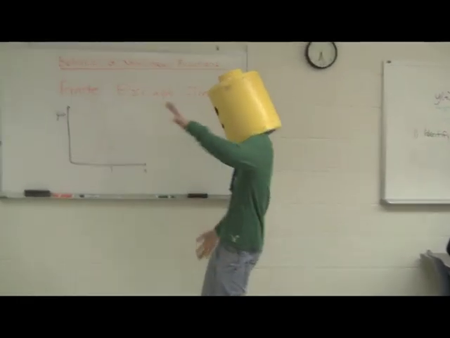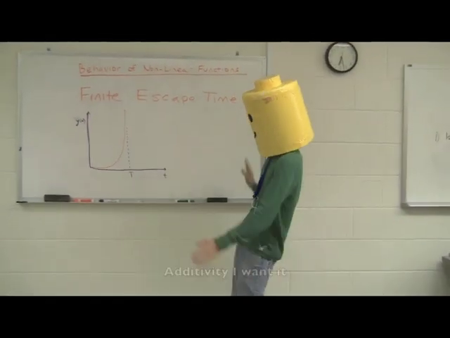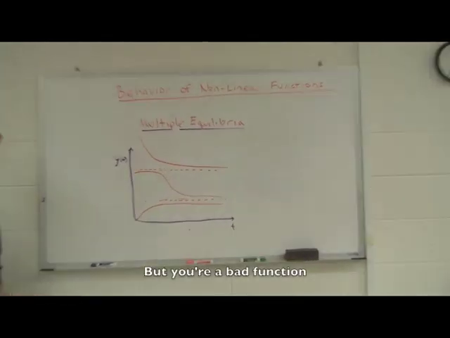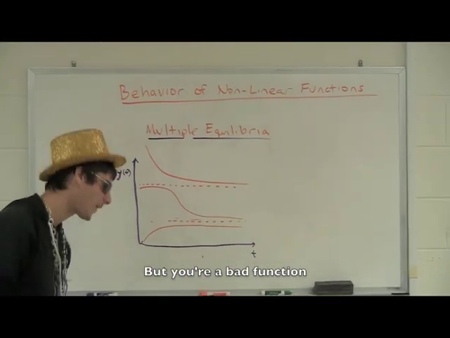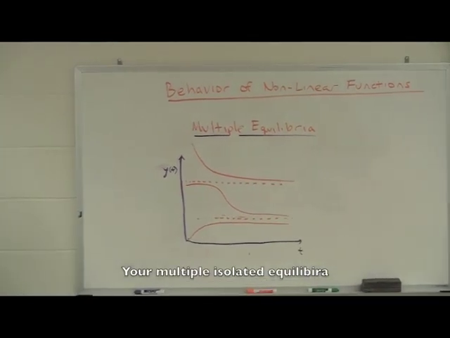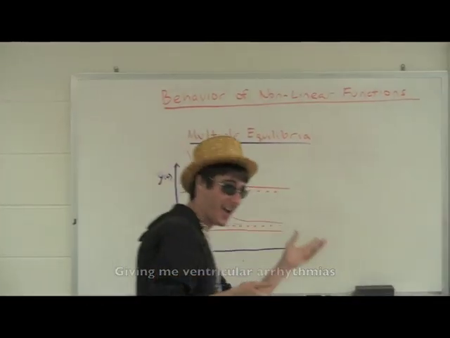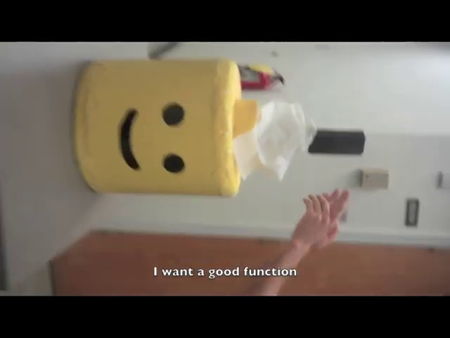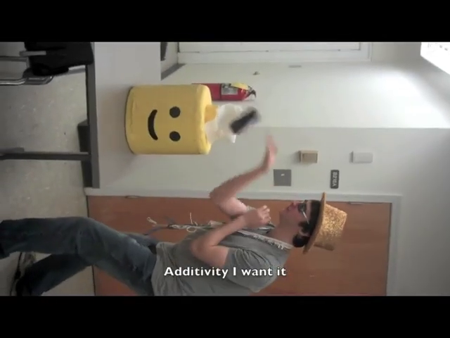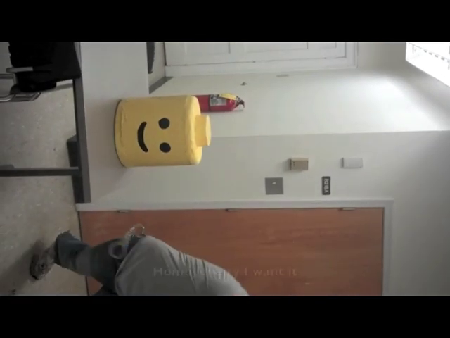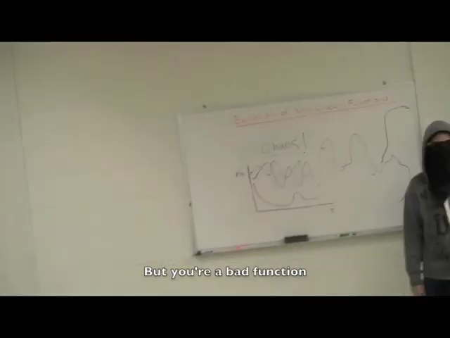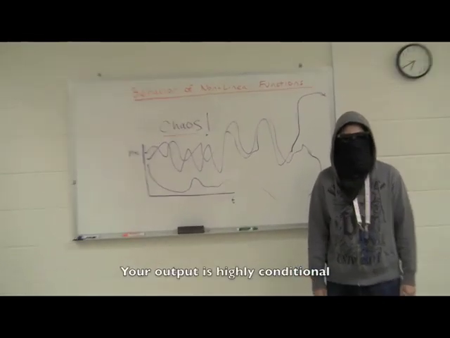Need these blurred linearities. Additivity, I want it. Homogeneity, I want it. Superposition, I want it. A bad function. Your isolated equilibrias, giving me ventricular arrhythmias, turning my mind to vestigious. Variable plus. I'm gonna make a good function. Additivity, I want it. Homogeneity, I want it. Superposition, I want it. Draw a bad function. Your output's highly conditional.